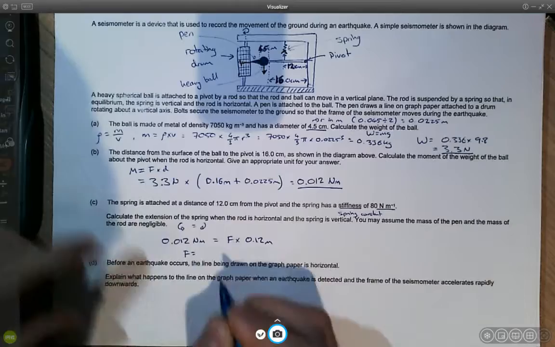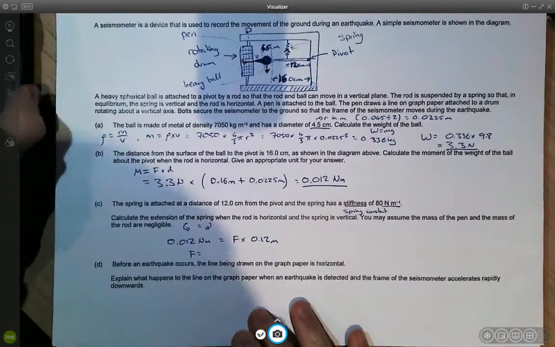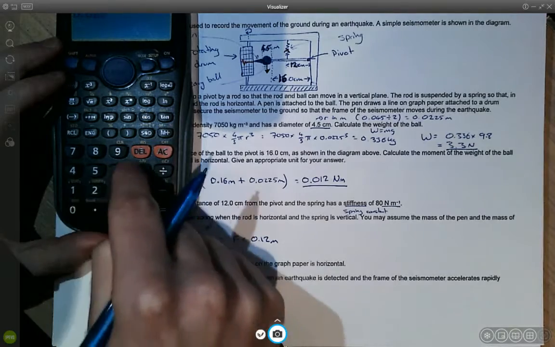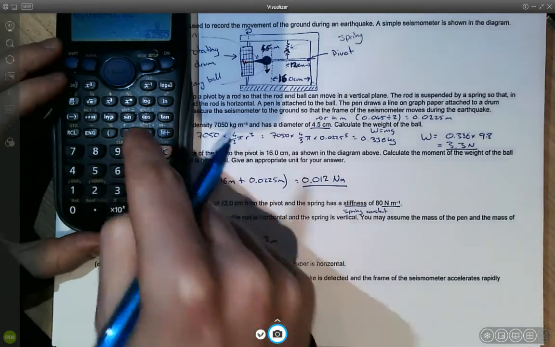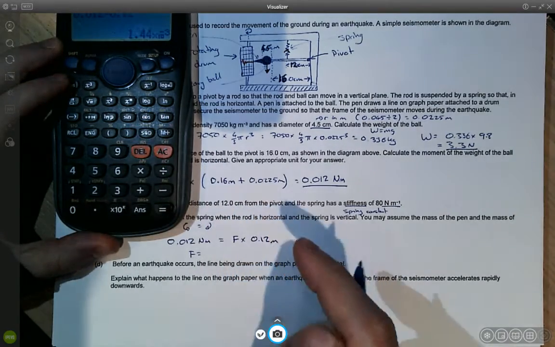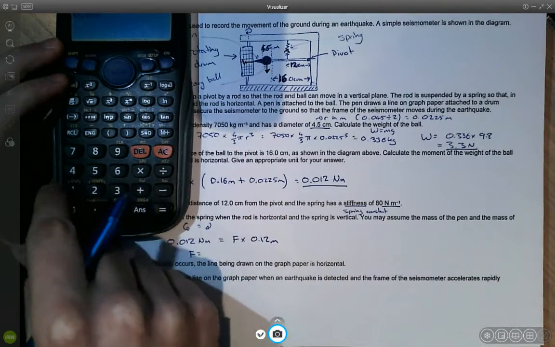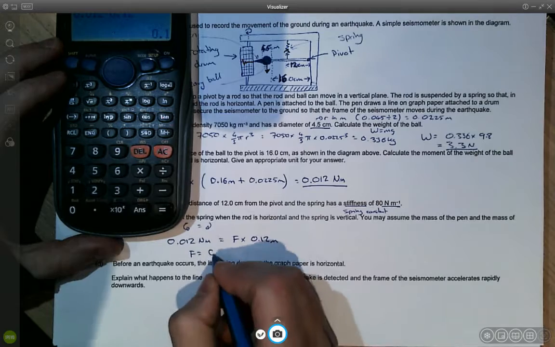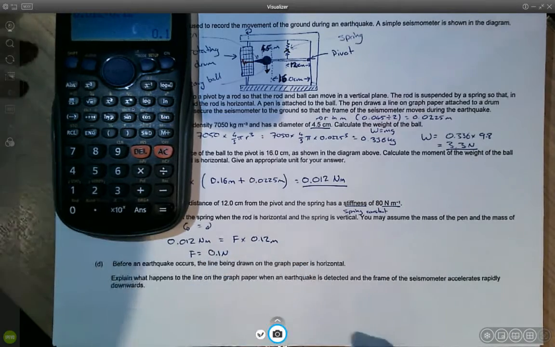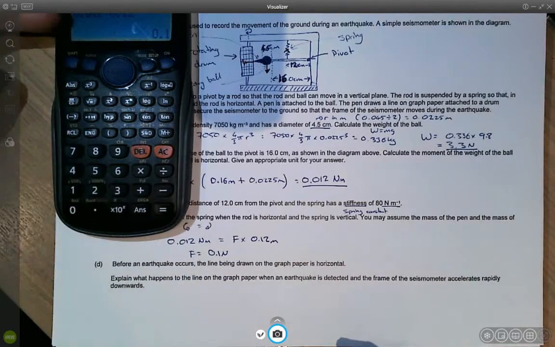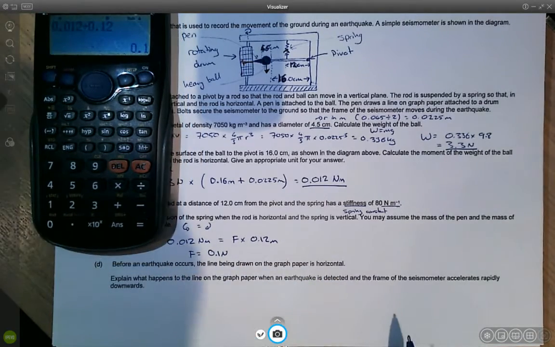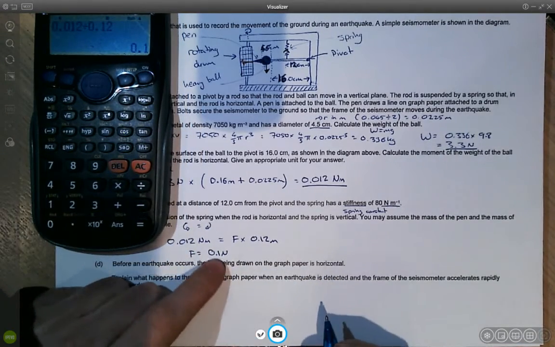So the force is 0.1 newtons. Probably didn't even need to type that into my calculator. In fact, I made a mistake the first time I typed it in. So sometimes it's easier to just do it in your head. So the force is 0.1 newtons.